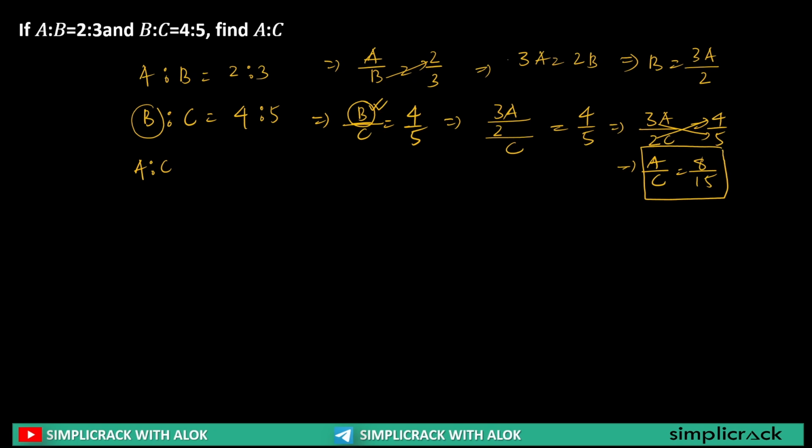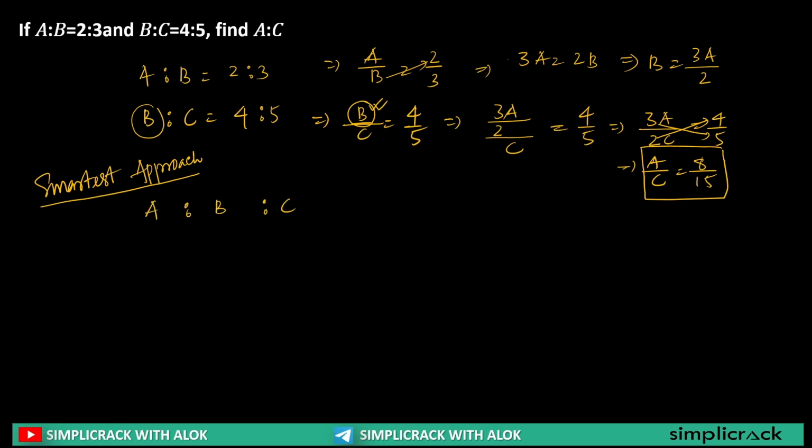I can do that. But if the numbers are tough, if the numbers are larger, then this methodology may or may not work. And it's the simplest form of solving this question. What we can do, the smartest approach will be a is to b is to c.